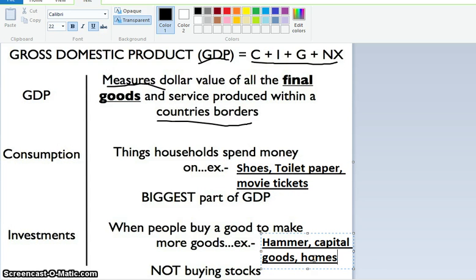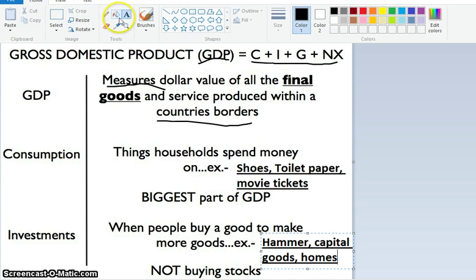And I don't have any way to help you remember that other than the fact that structures are included in investment spending. Now, everybody hears investments and they want to say stocks, bonds, mutual funds. Those are not investments in the sense that when we are talking about investment spending, we want to get some productive good or service in return.